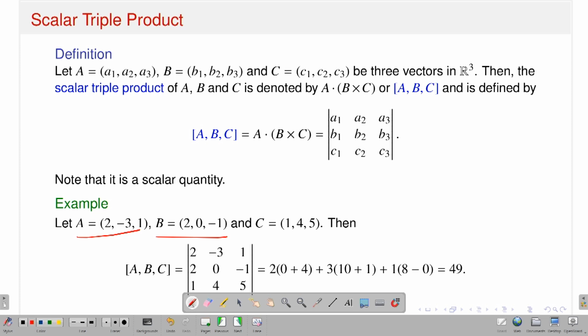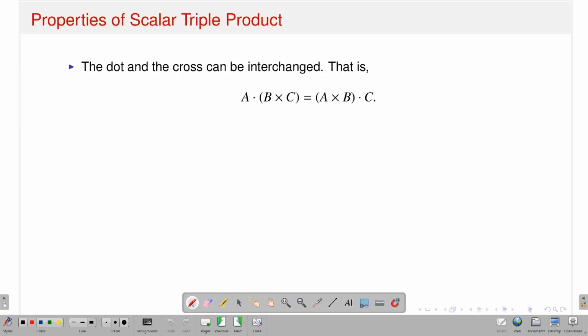Then the scalar triple product of A, B and C is the 3 by 3 matrix determinant, whose first row is the components of vector A, second row is the components of vector B, and third row is the components of vector C. Then we compute the determinant value, which is equal to 49. The scalar triple product is a scalar quantity.